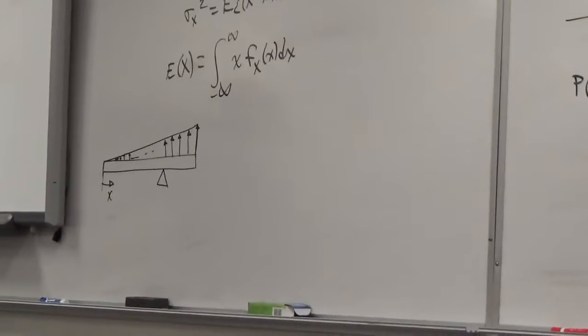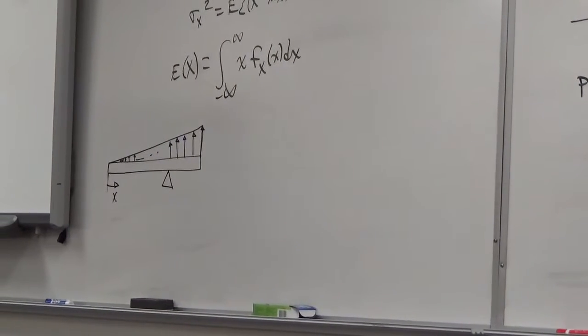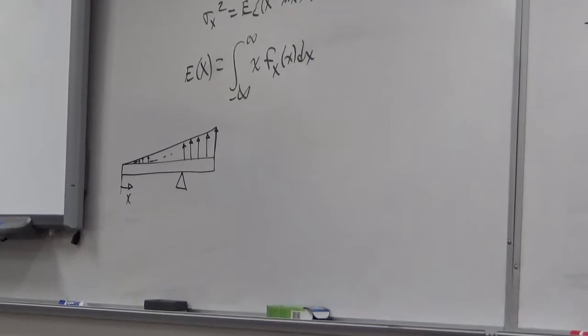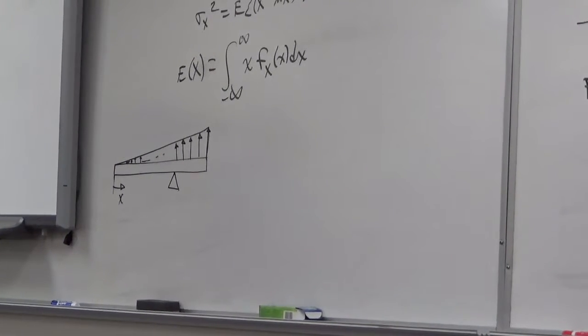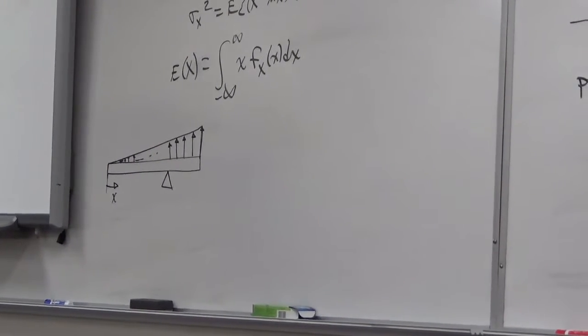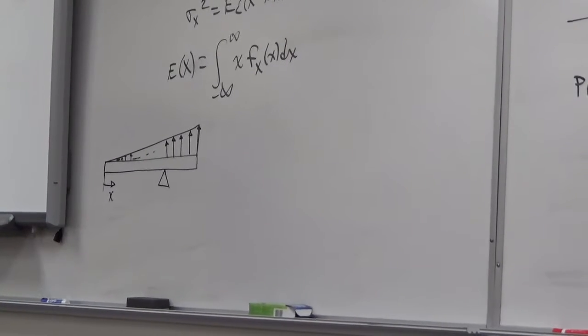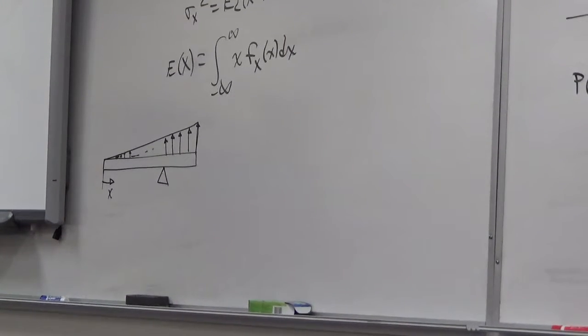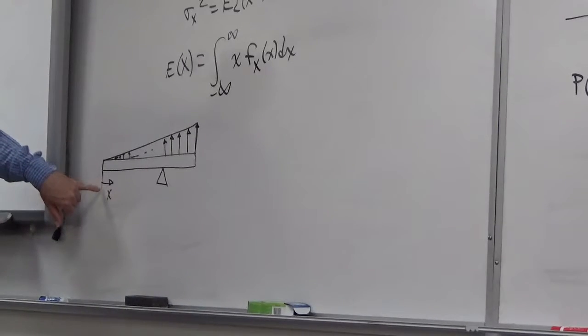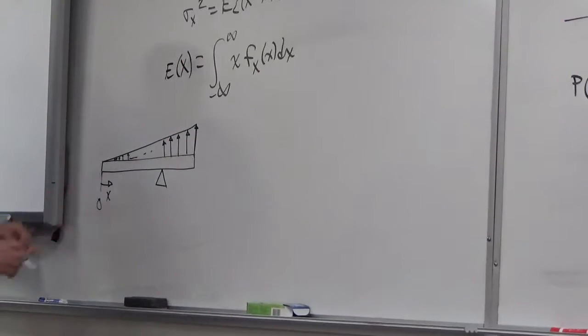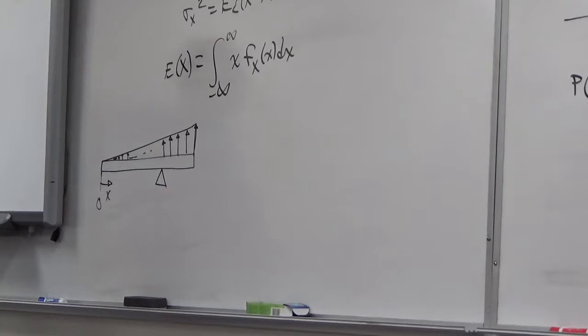And so you weight the density function by the distance, and then when you calculate that, you put in the limits from 0 to whatever the length of the beam is. And when you calculate that, you wind up with a number, and that number represents how far, if we call this 0, how far out you need to put that fulcrum so that the beam will, with its loading, be balanced. Where its center of mass is, right?